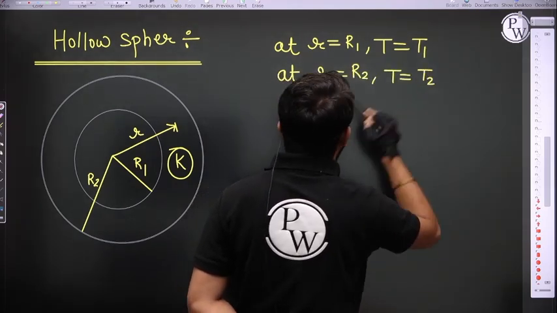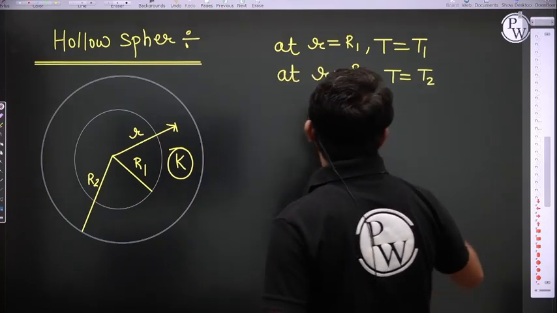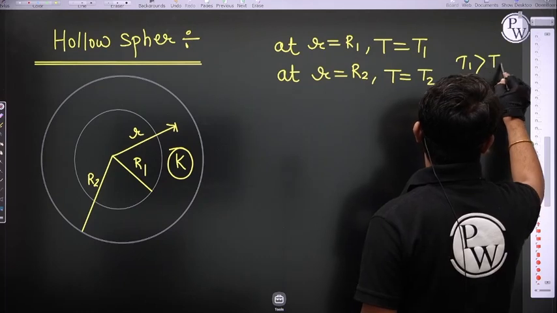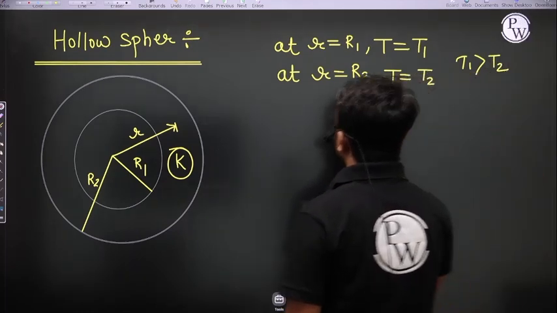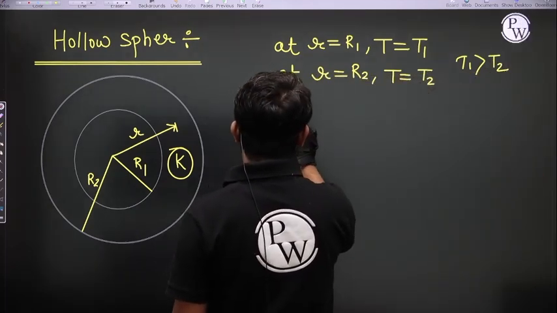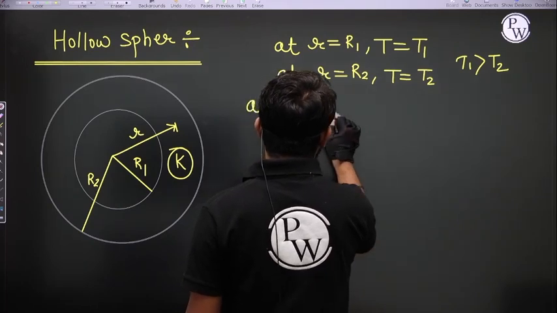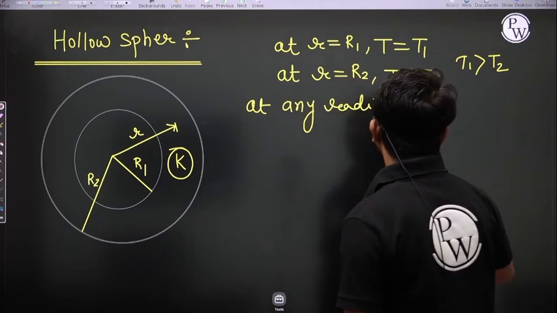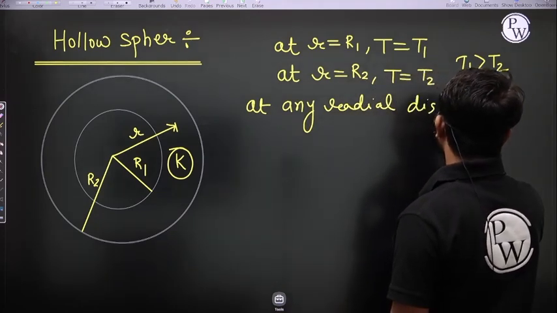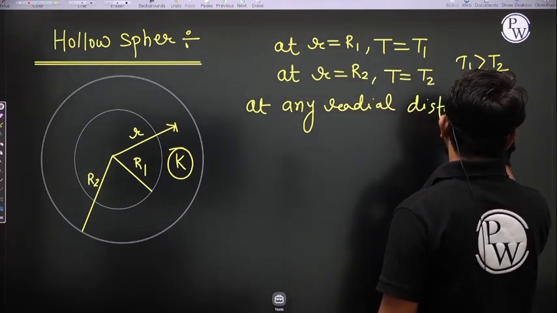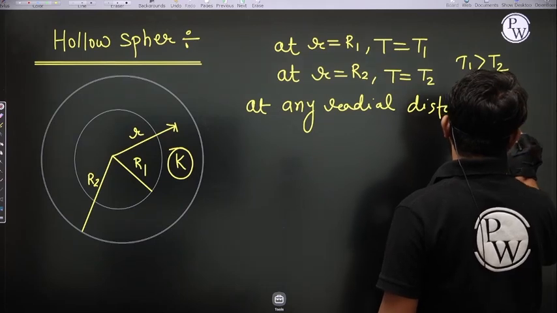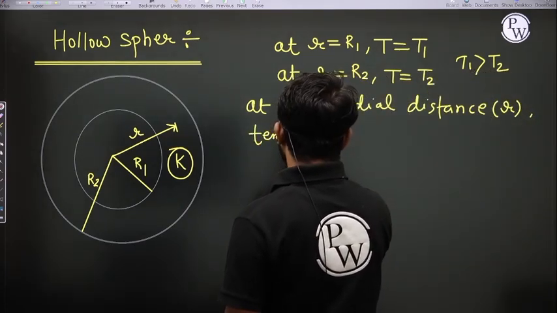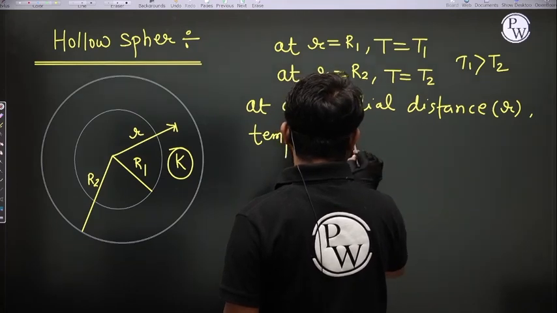I am assuming T1 is greater than T2, and at any radial distance R, temperature is T.